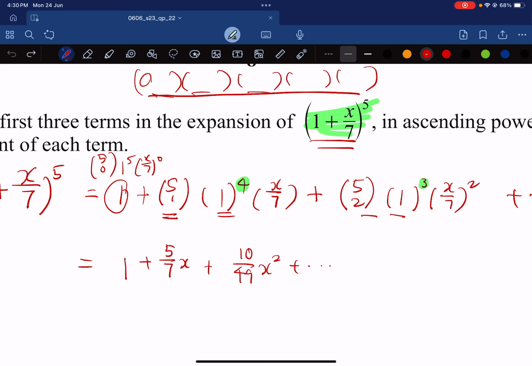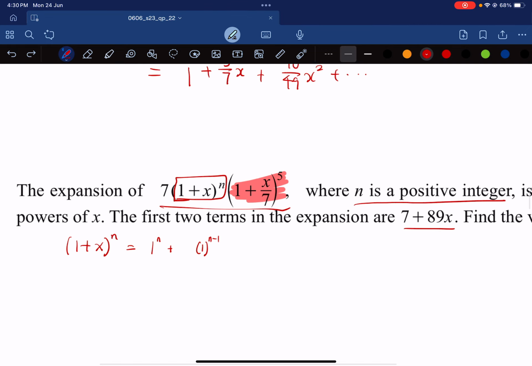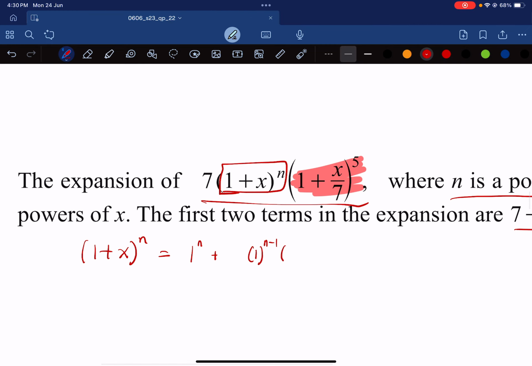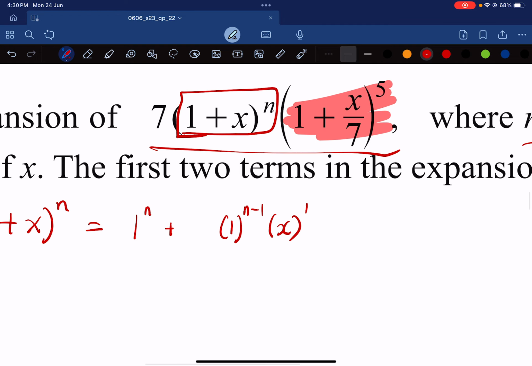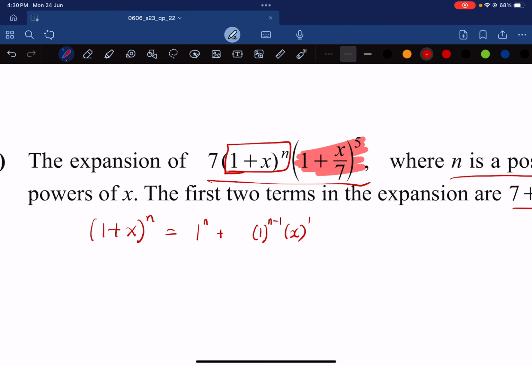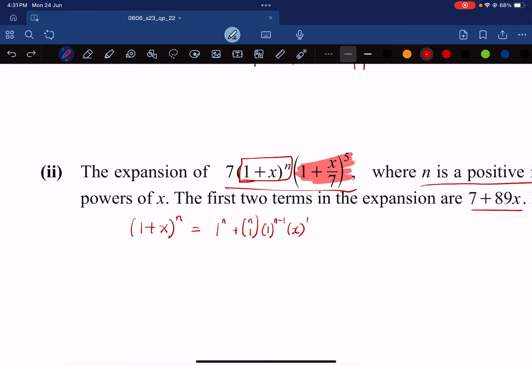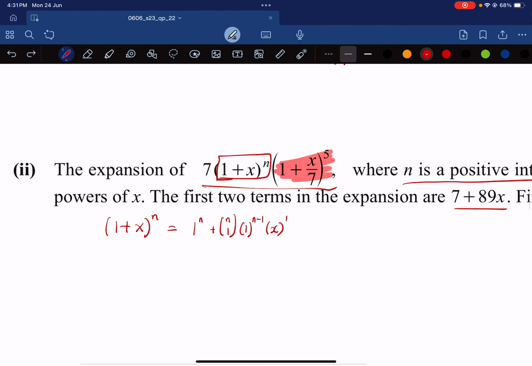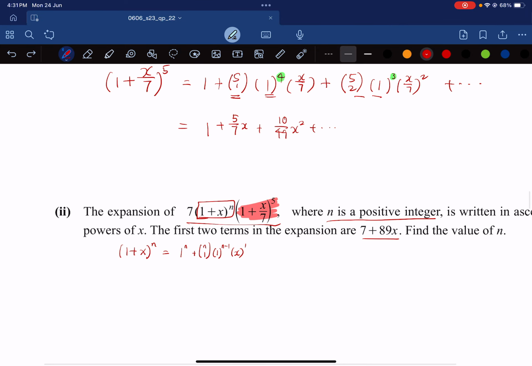Okay, so let's see, I choose 1, and then the second term I choose 1. So we have n choose 1 way of doing this. Are 2 terms enough? I guess 2 terms are enough, there's only the x term.